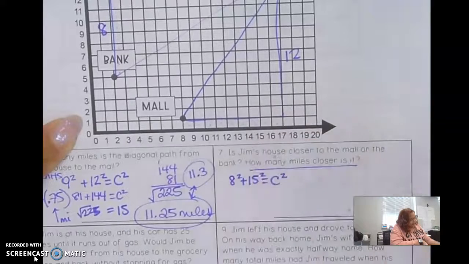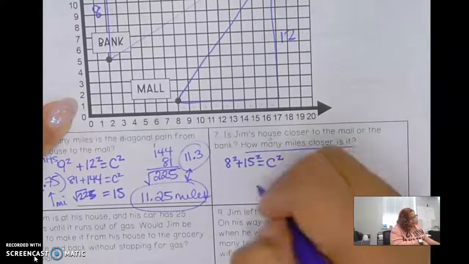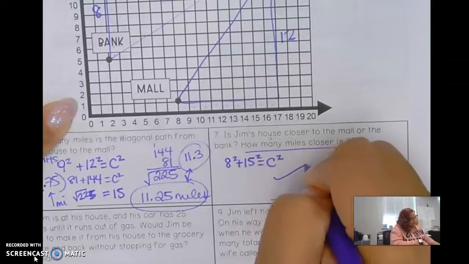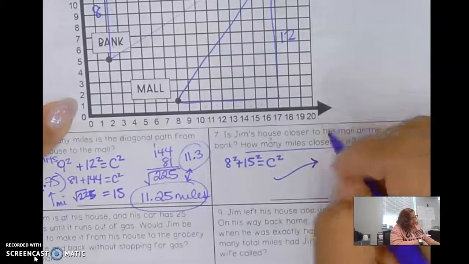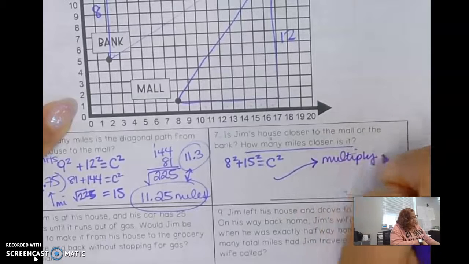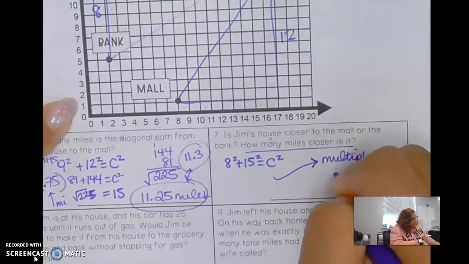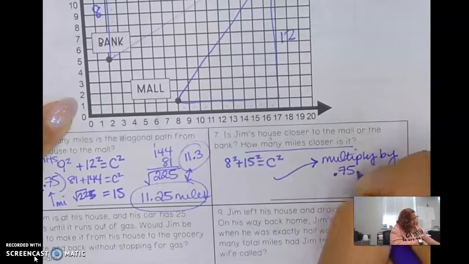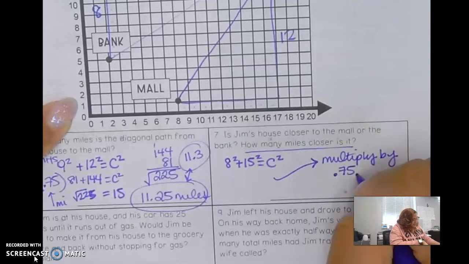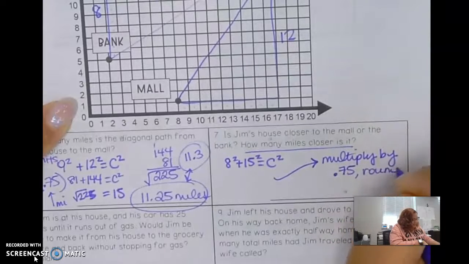I'm going to get c squared. Then once I get this c, I'm going to multiply it by 0.75. Then I'm going to round it to the nearest tenth. Lots of pieces here.